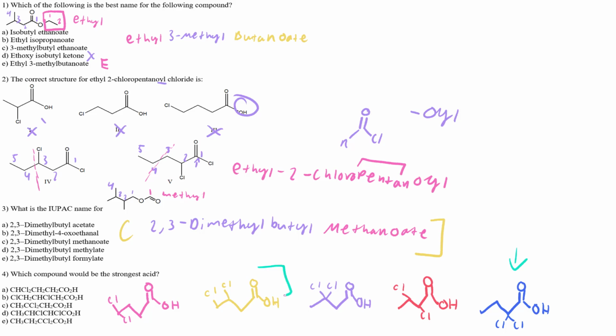Now here's a cow, and we have to lasso it, because when we lasso it, we're going to be pulling on it, making it more stable. So really, chlorine is so electronegative that it pulls on the electrons of the acid and makes it stable, thus making it more acidic and powerful.